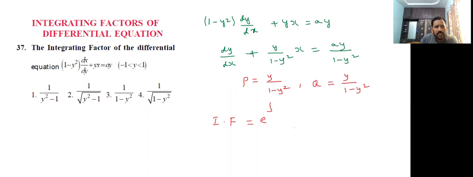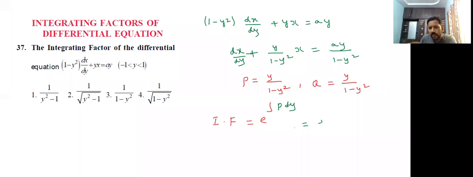Here I have written a small mistake. This is not dy by dx. See the question, what they have given is dx by dy. That's why p and q are functions of y. So what is the integrating factor here? E power integration p dy.